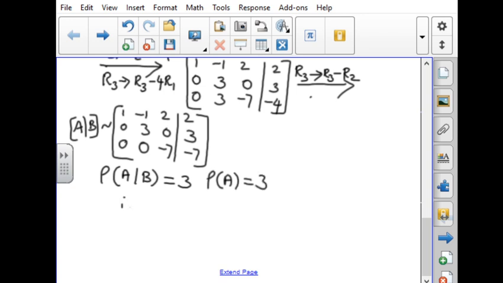Therefore, the rank of A bar B is equal to the rank of A, which is equal to 3, that is the number of unknowns. So if both are equal and equal to the number of unknowns, then we can say that the system is consistent.